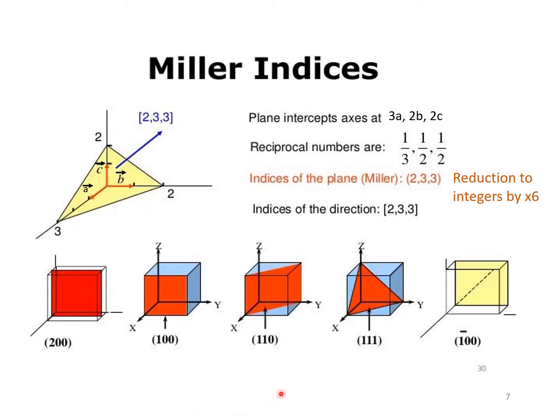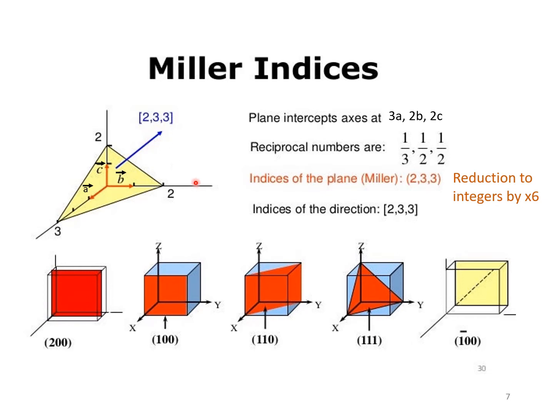Here's a slide just to show what it might look like if you have what appears to be an irrational plane, but it's not really. It's just that you have to describe it in terms of Miller indices with larger integers.